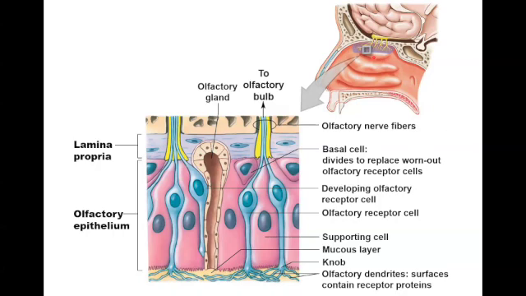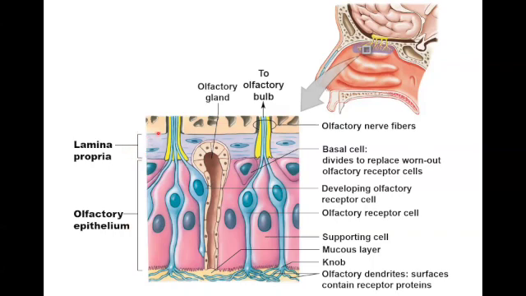Into the nasal epithelium. Okay, so again, this structure that we're talking about, with these cells and everything, that's the olfactory organ. And we're saying that the olfactory organ is going to consist of a layer of olfactory epithelium, which we see here, and underneath the olfactory epithelium, we're going to find an underlying lamina propria.